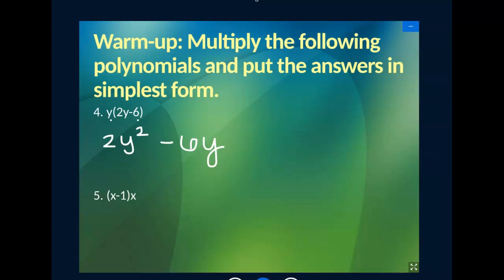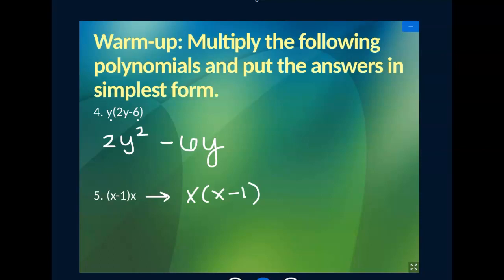Is 5 still distributing? Yeah, multiplication is what property? It starts with a C. Good? Yes, commutative. So that problem can actually be rewritten to look like this because multiplication is commutative.